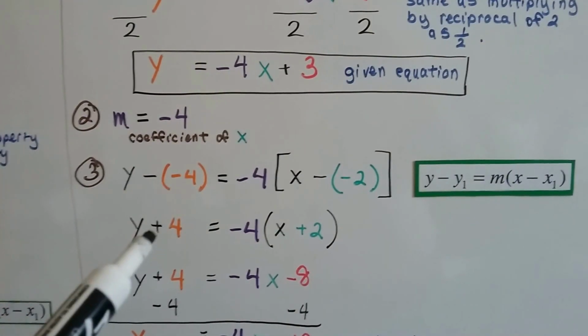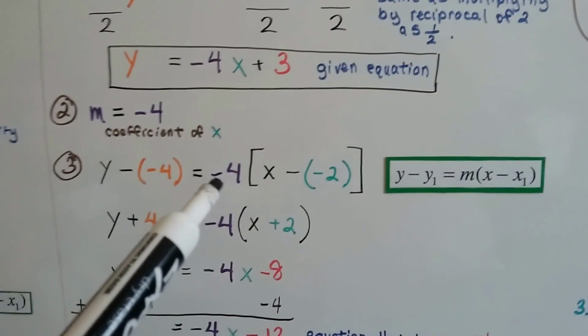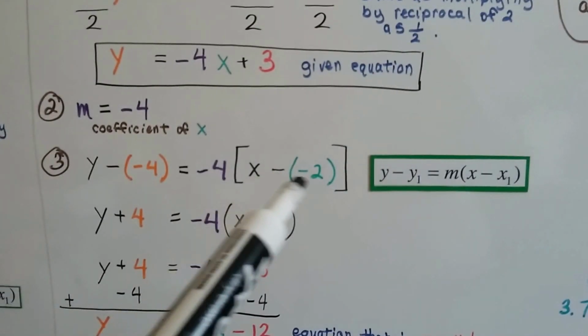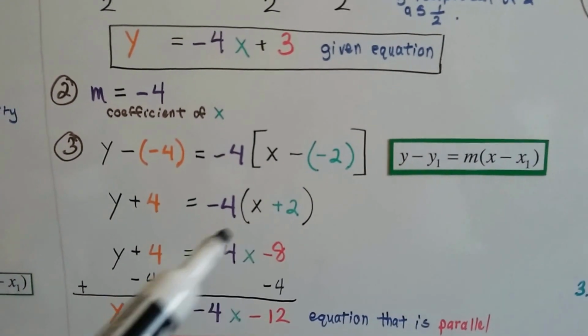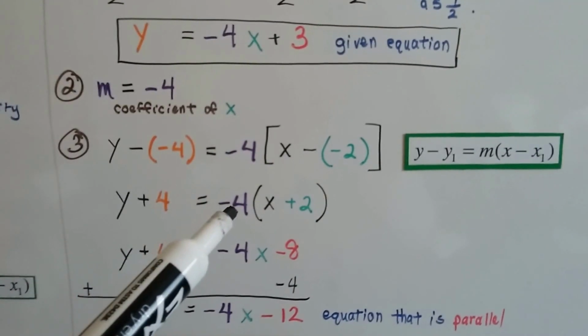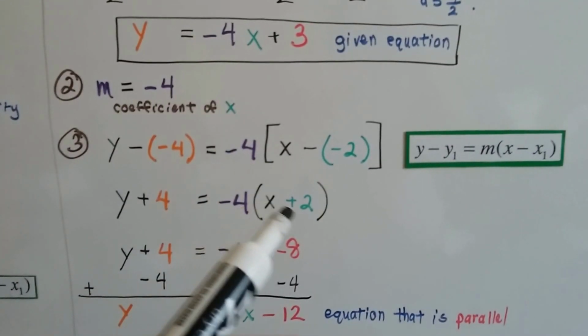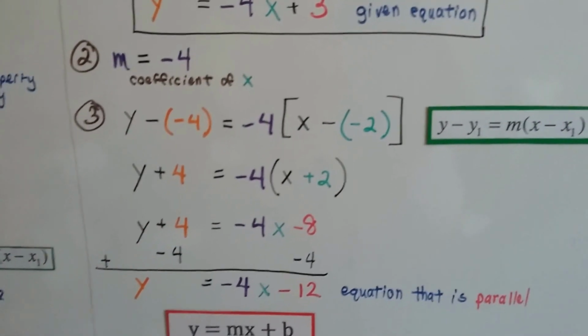Whenever you subtract a negative, you add the opposite. So now we have y plus 4 on this side. On this side, we're subtracting another negative, so we've got to add the opposite. So now we have a plus 2. And what we can do is distribute this -4 to the x and also to the 2. And we get -4x minus 8.